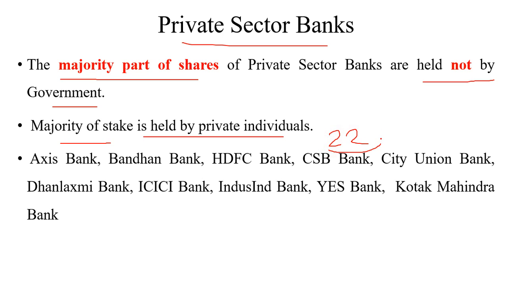A few are Axis Bank, Bandhan Bank, HDFC Bank, City Union Bank, Kotak Mahindra Bank, Yes Bank, ICICI Bank. So these are a few private sector banks, but at present in India there are 22 private banks which are working.